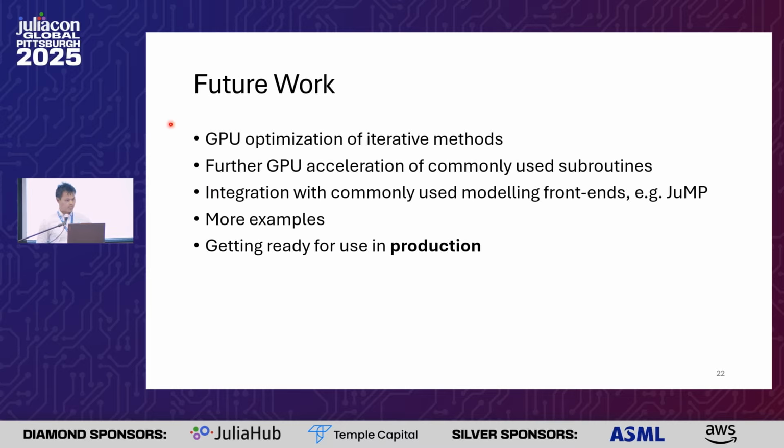For future work, a bit of additional GPU optimization is required for the iterative methods that I've defined. There needs to be some integration with common optimization front ends like JuMP, more examples to make it more palatable to adopters in the scientific community, and just stabilizing the APIs so that it's ready for industrial applications.